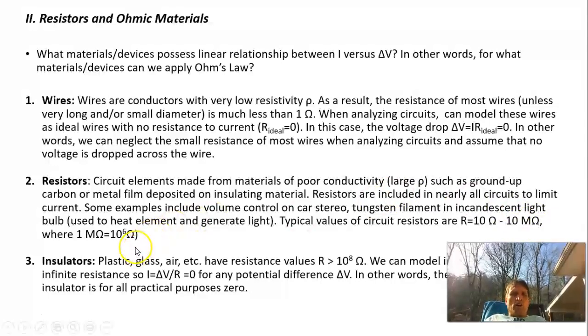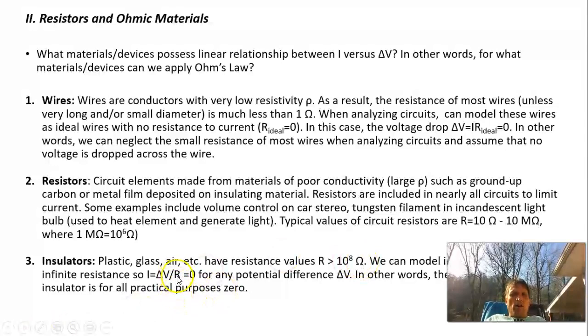Insulators obey Ohm's law, like plastic, glass, air, except they have such high resistances because they don't conduct current that we can, for all practical purposes, assume that these materials have infinite resistance.